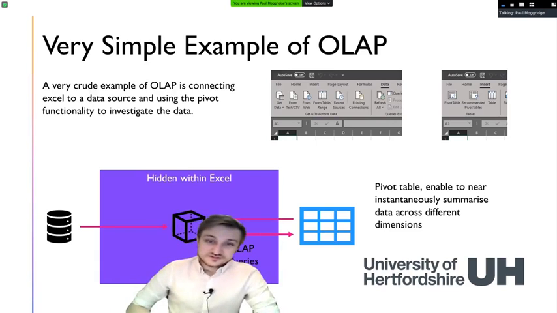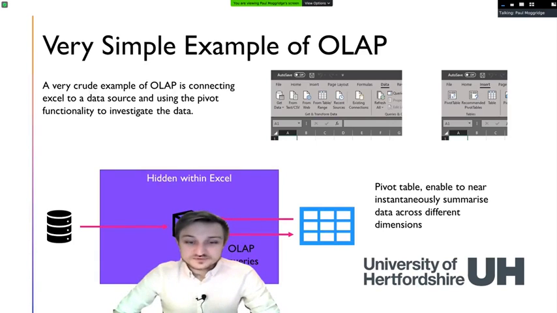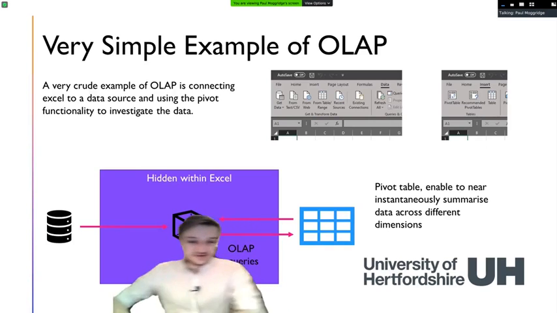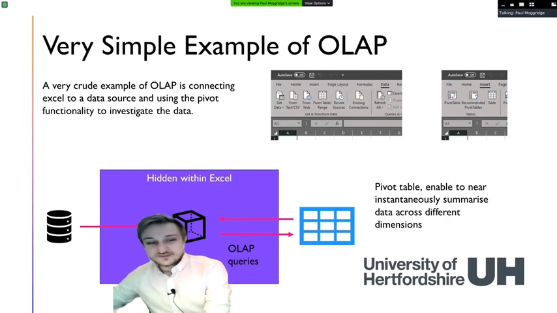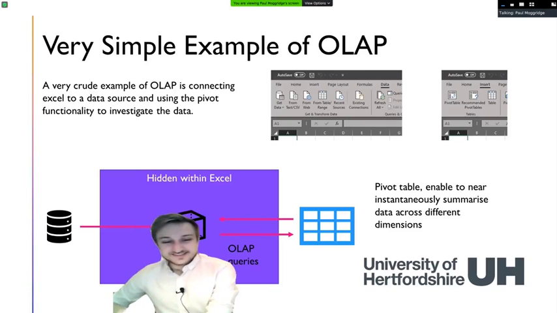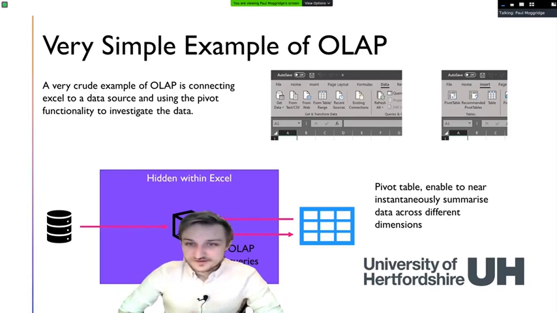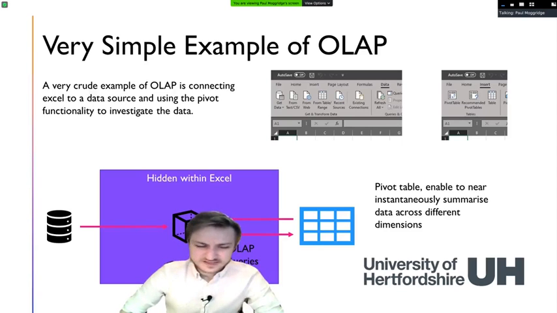And then you can use the pivot functionality, the pivot tables, to run OLAP queries and very quickly summarize and graph that data. So this is a very simple example of OLAP. The OLAP queries are hidden behind the scenes, and they're hidden behind me as well. And Excel does those in the background using, I believe it's called MDX, I think.